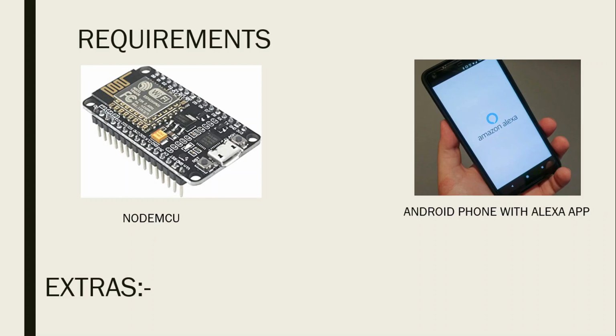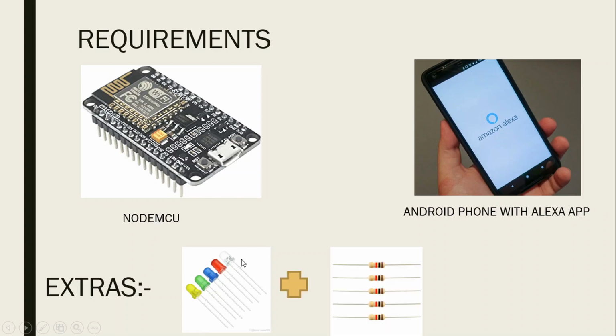And if you don't have these kinds of LED, you can use the built-in LED of the Node MCU to perform this project specifically. And if you have these LEDs, you should have also the resistors. The 1k ohm or 330 or 220 is enough, and some jumper wires.